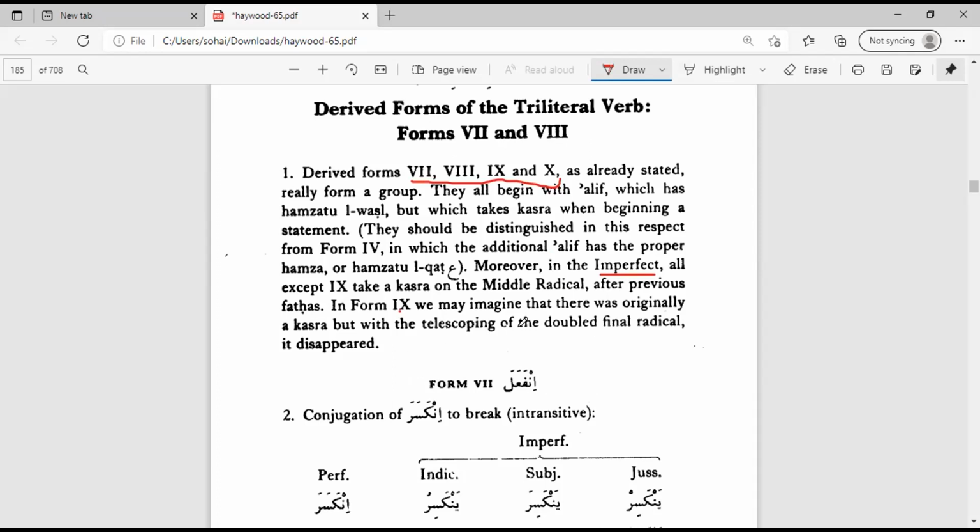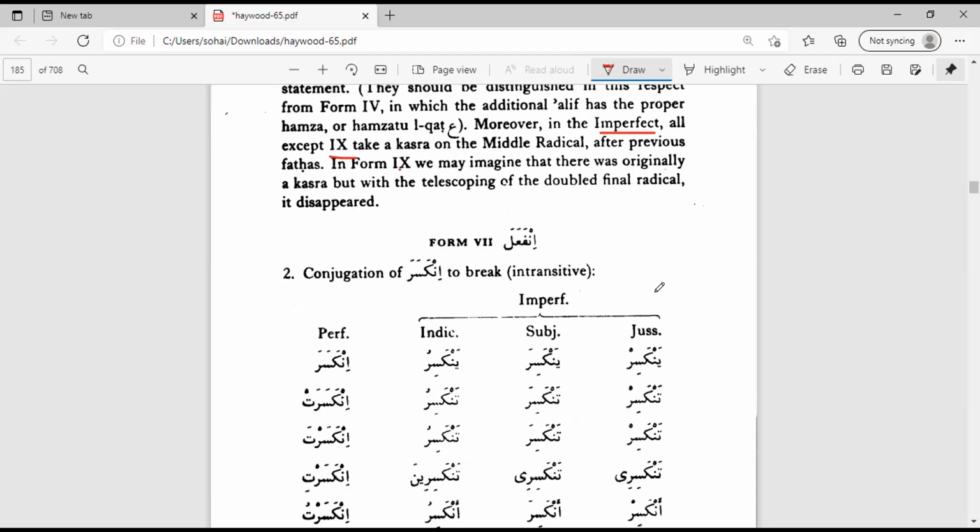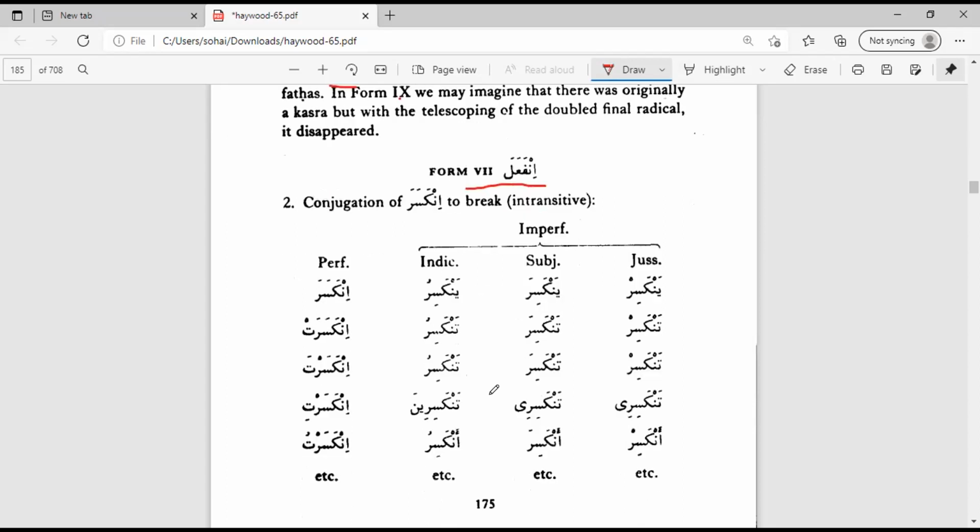So it says all of these in imperfect take kasra except form 9. Right, the middle radical, the second root letter on these in mudare will take kasra, as we will cover. So first he covers form 7.